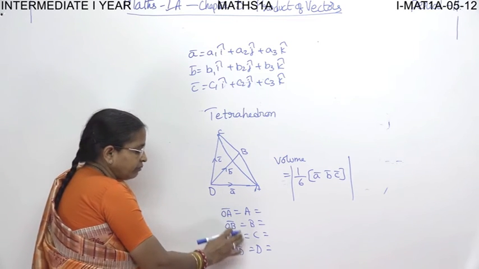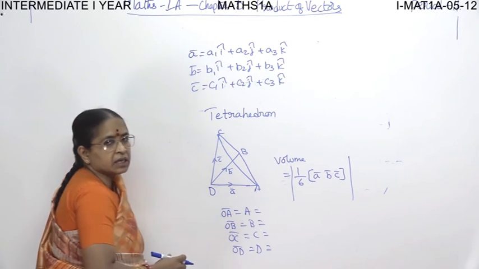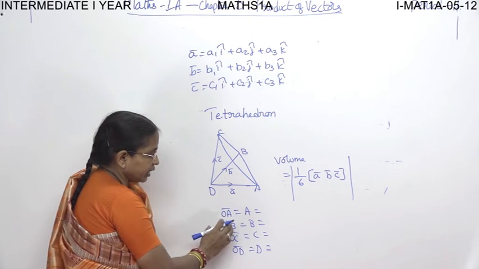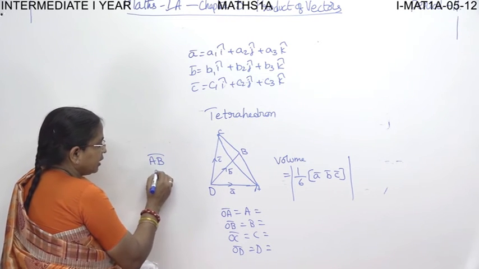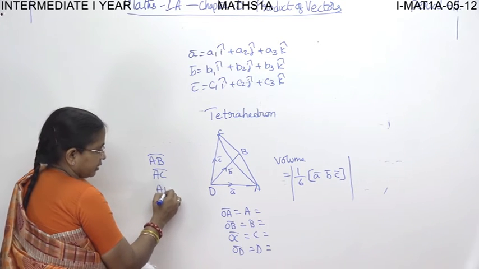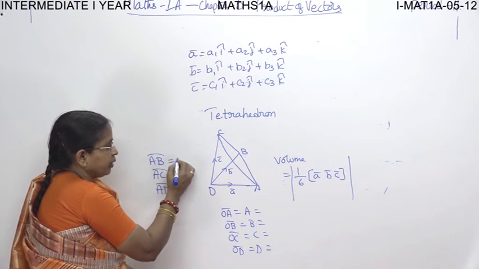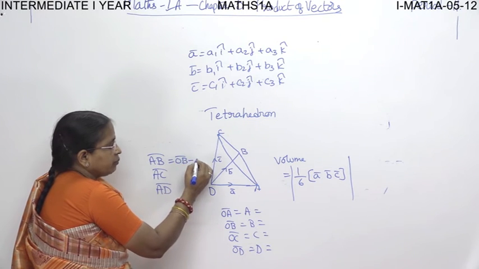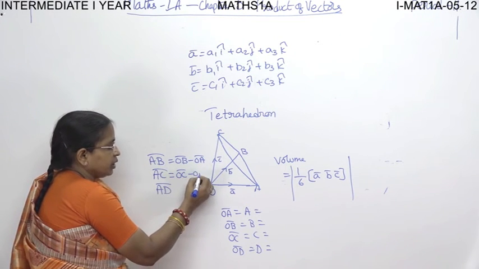Then you convert them into vectors. Always when four points are given, you convert them into three vectors. So what are the three vectors? AB vector, AC vector, AD vector. See that the initial point is the same. AB is OB minus OA. Next AC is OC minus OA.